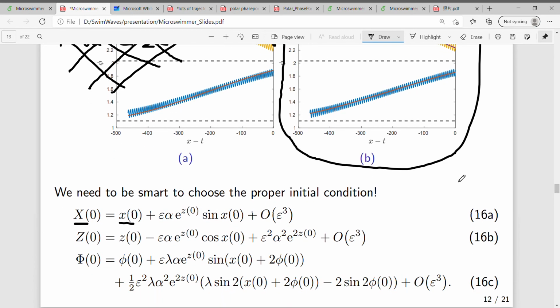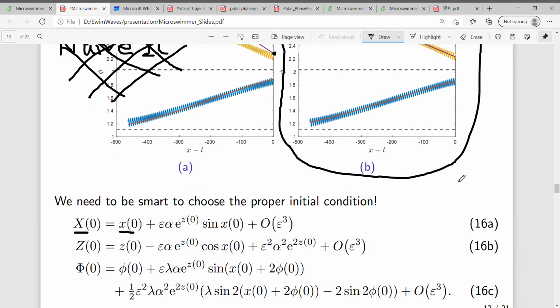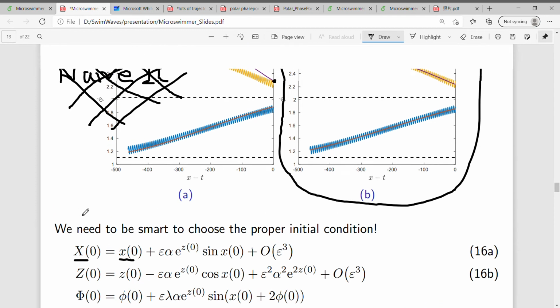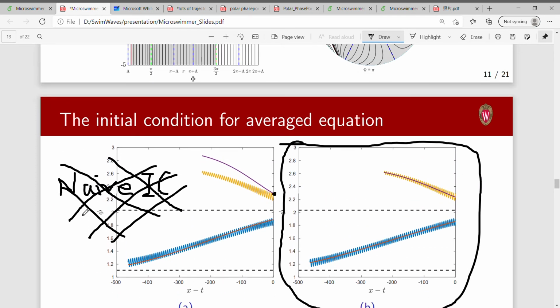And we basically just balance the uppercase X and lowercase x, and Z, small z, and large V, small v, at various orders of epsilon, and find an expression to do this correction for the initial condition, okay? And then we solve this problem.